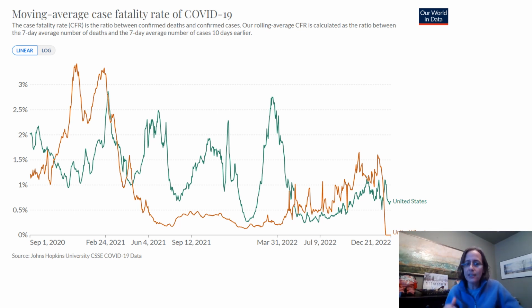So what you can see is that this mortality rate is changing over time. You can also see that early in the pandemic, in that first really bad winter, where we had hospitals being overloaded, the United Kingdom had a much higher case fatality rate than the United States did. And all the scientists are pretty much in agreement that the reason is that the United States actually rolled out vaccines much earlier.